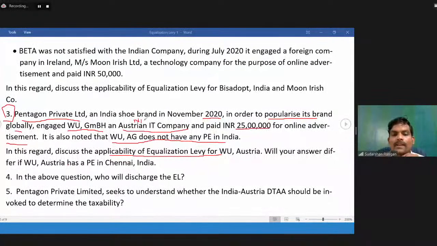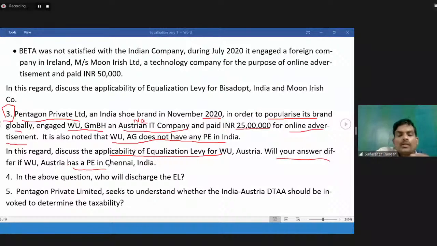So consideration is received by a non-resident from a resident, INR 25 lakhs for online advertisement. Is it a specified service? Yes, online advertisement. So all three conditions are satisfied. Next, threshold. Has the threshold exceeded 1 lakh? Yes, it is 25 lakhs. And it does not have any PE in India. Just hang on with the PE part, because that's the second part of the question.